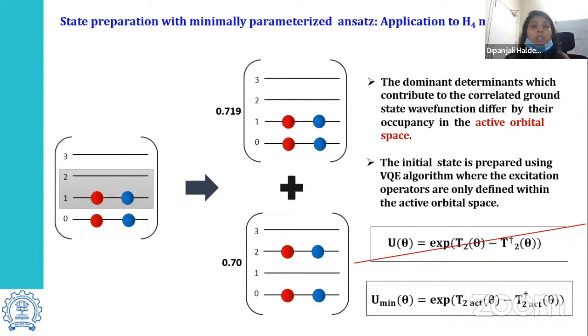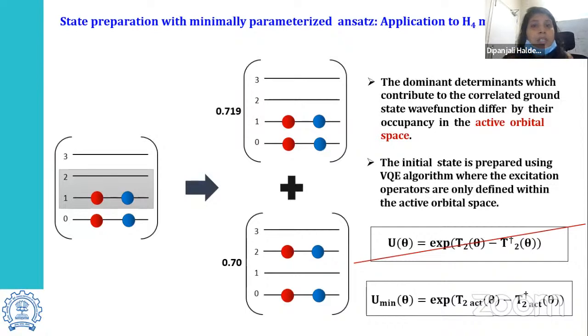So we end up with two dominant configurations. One is the Hartree-Fock state, and the other one is a doubly excited determinant, where the excitations take place within the active space, that is the orbitals nearby the Fermi level.